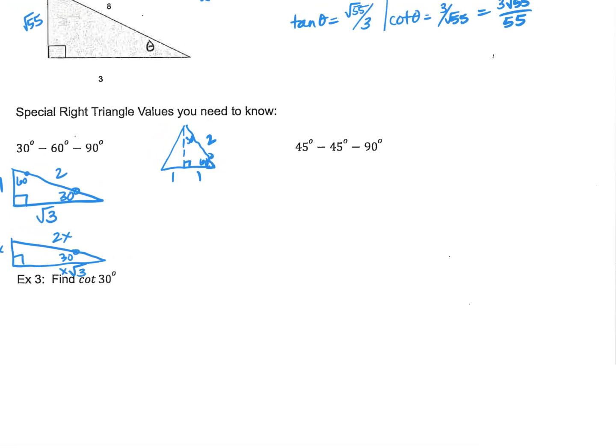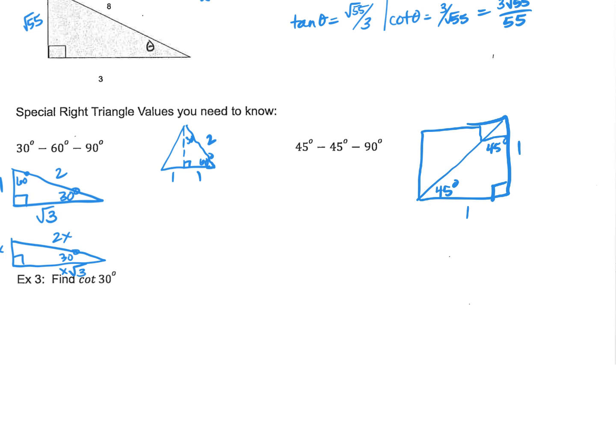Now, 45, 45, 90 comes from a square. Think about it. If we have a square, and I split it right here, this angle is 90, isn't it? This angle is also 90, and if it's a square, then if I split that, it's going to split it into 2 equal pieces. So what are they going to be? 45 and 45. If this is 1, then this is also 1. And we can use the Pythagorean theorem to find the other piece, which is the hypotenuse, isn't it?